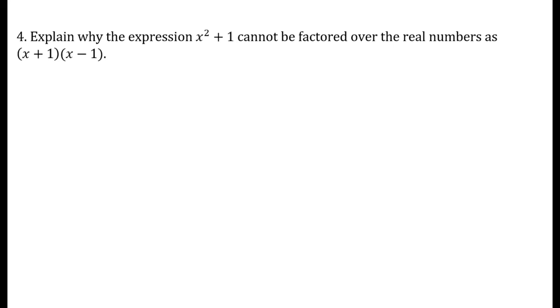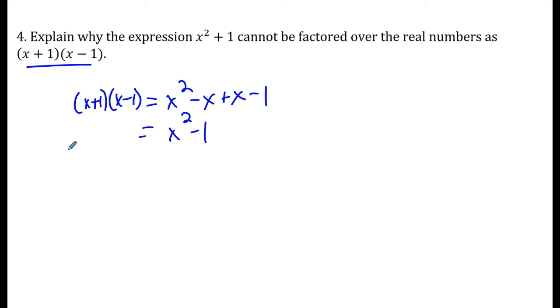Explain why the expression x squared plus 1 cannot be factored over the real numbers as x plus 1 times x minus 1. Well, let's see what x plus 1 times x minus 1 is. That's x squared minus x plus x minus 1.